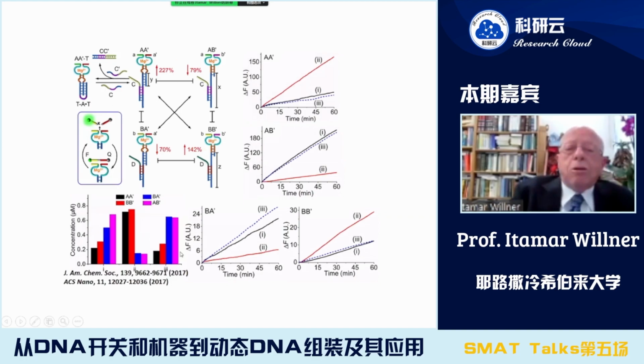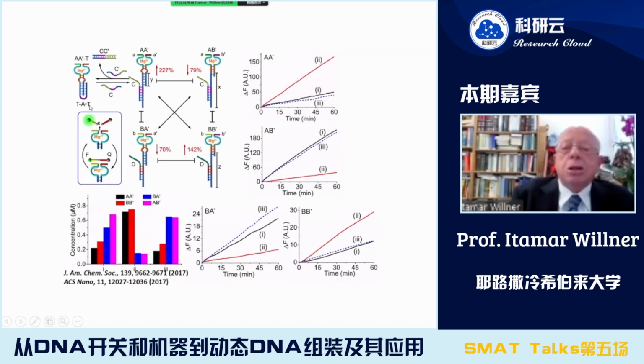So let's say that we have this constitutional dynamic network with this structure. And now we add to this a trigger C prime. The C prime will displace the strand C, and we engineer this constituent in such a way that after displacement, this strand of constituent A prime will form a triplex TAT structure.